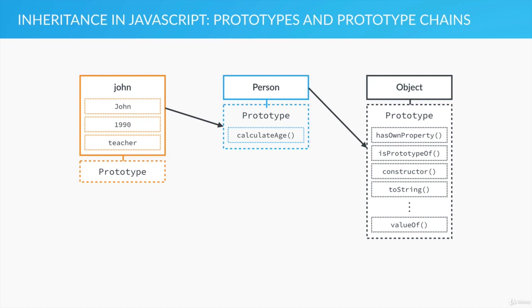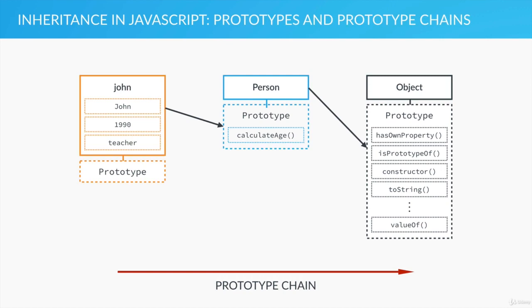And as you can guess, the person object inherits these methods and can call them. Plus, the John object also inherits these methods and can also use them. And with that, we have actually explained the prototype chain. So, the prototype chain is what makes all this inheritance possible.